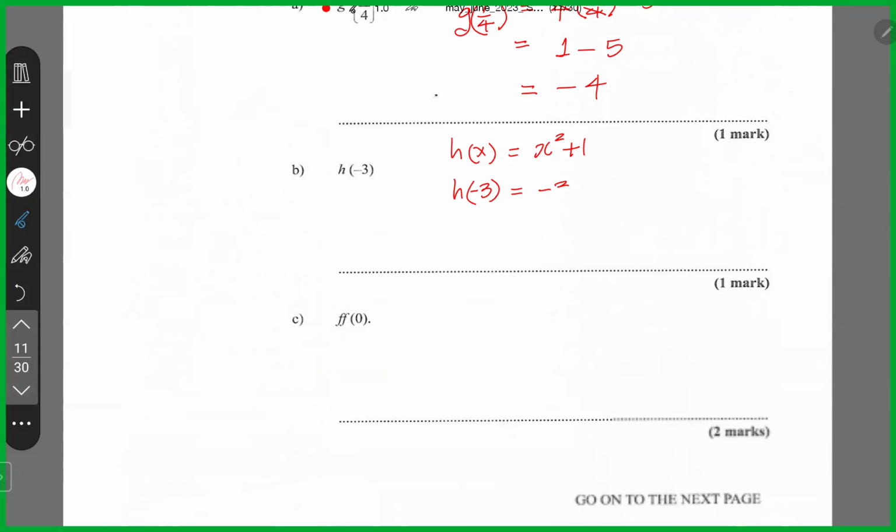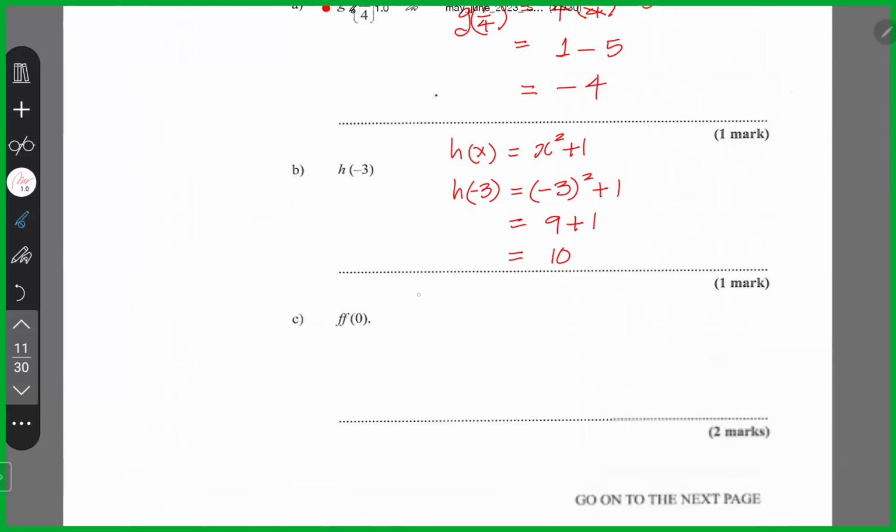So this is minus 3 squared plus 1. Minus 3 squared is 9 plus 1. This is 10. Minus 3 squared means minus 3 times minus 3. A negative times a negative is a positive.